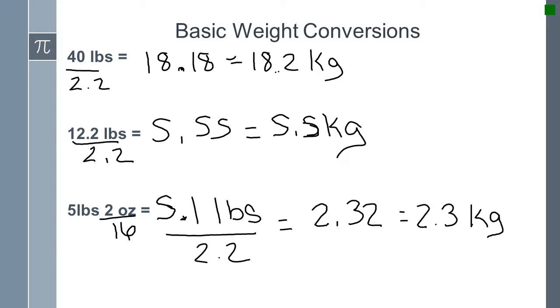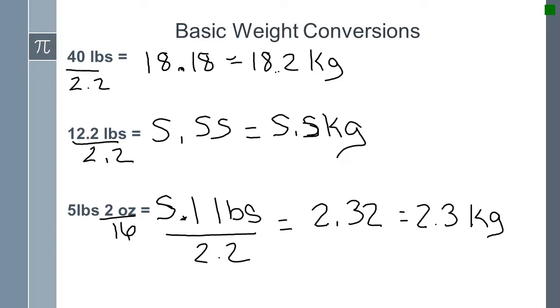Now we run into a difference when we have pounds and ounces, because we can't put the pounds and ounces and just divide that by 2.2. 5 pounds and 2 ounces is not the same as 5.2 pounds because that would have been a decimal like what we had previously. So now we have to convert our ounces into pounds and add it to our 5 pounds.